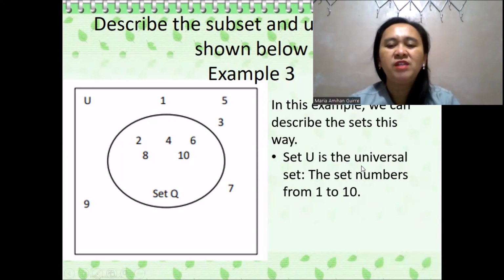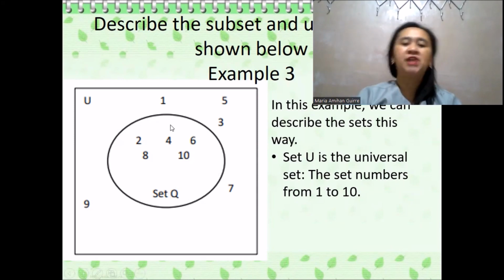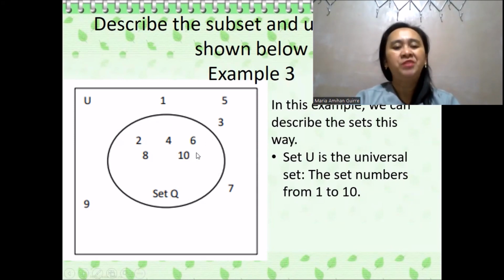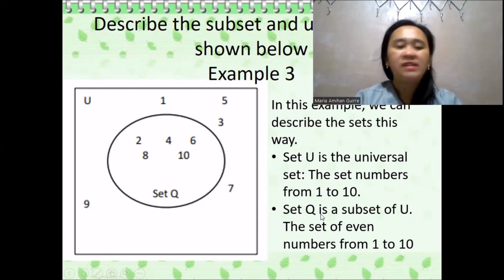So set U is the universal set, the set of numbers from 1 to 10. Kapag na-observe natin, ang elements ng universal is counting numbers 1 to 10. Set Q: 2, 4, 6, 8, 10. Therefore, the set Q is a subset of U and the set of even numbers from 1 to 10.